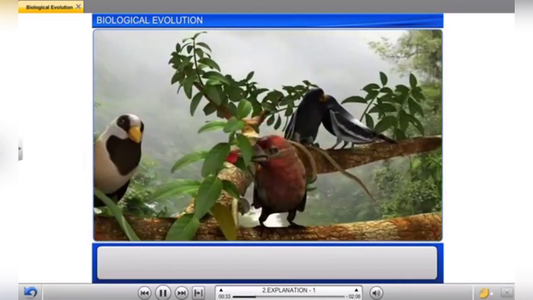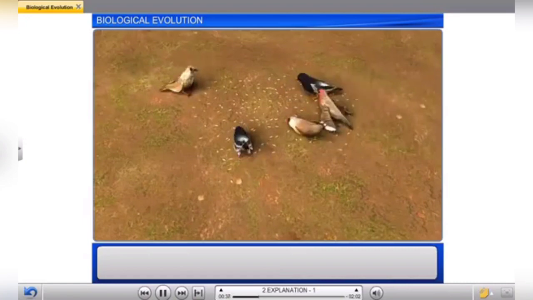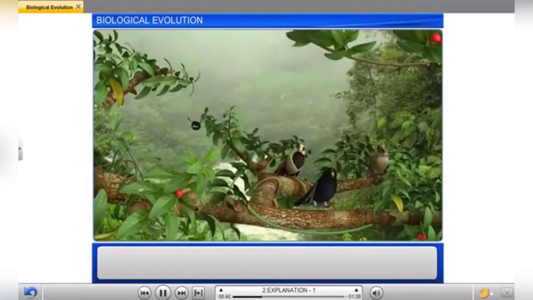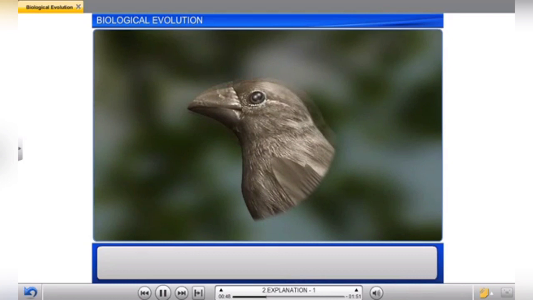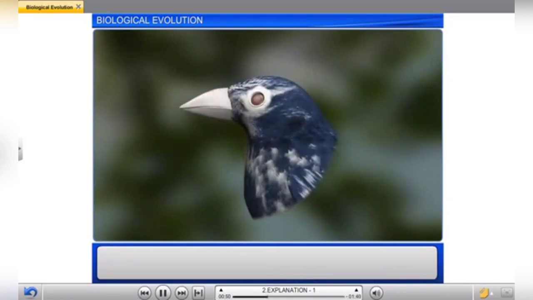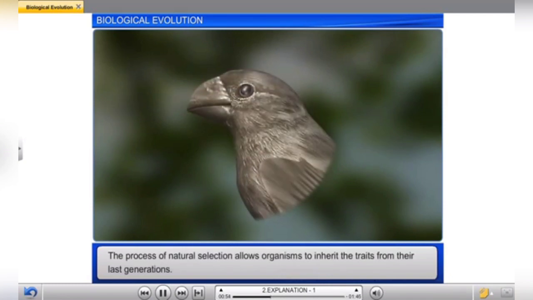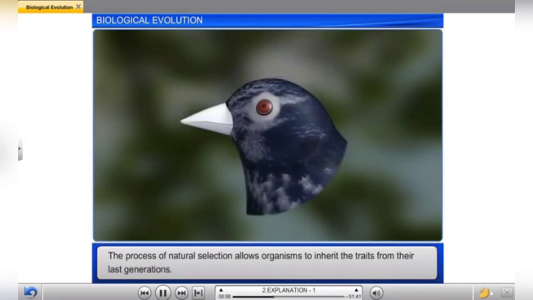For example, Darwin's studies showed that finches in the Galapagos Islands had survived by adapting to different habitats. This adaptation was evident from the altered beaks of different species of finches on the same island. He believed that the process of natural selection allows organisms to inherit traits from previous generations.